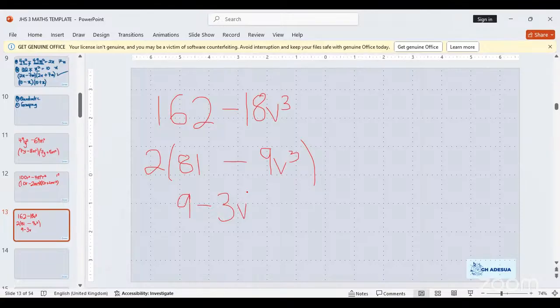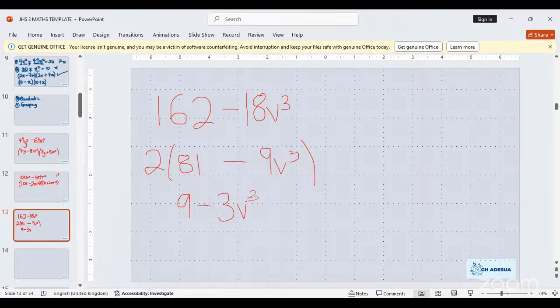Because that's the half of 3. No, half of 3 is 3 times a half. It's 3 over 2. Okay. Is that okay? You are multiplying 3 or dividing 3 by 2. That's what you are dividing. It will be 3 over 2. Okay.